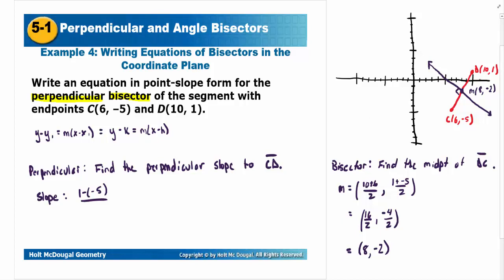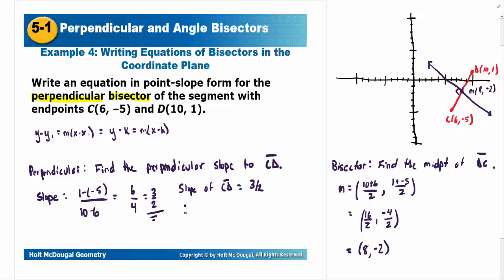And then on bottom I'm going to subtract my x values, so 10 minus 6. So it's going to be 1 plus 5 is 6, 10 minus 6 is 4, and I get 3/2. Now, that's the slope of CD. So the slope of CD equals 3 over 2.